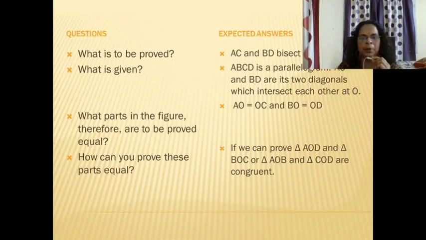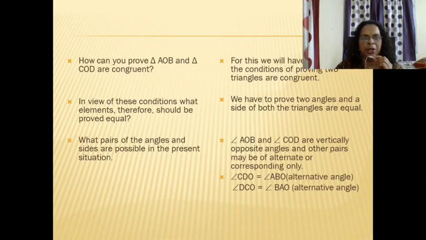Let them think about it and let them come up with the answer. So how can you prove triangle AOB and triangle COD are congruent? They will think about the conditions of proving two triangles congruent. I told you different conditions are there.